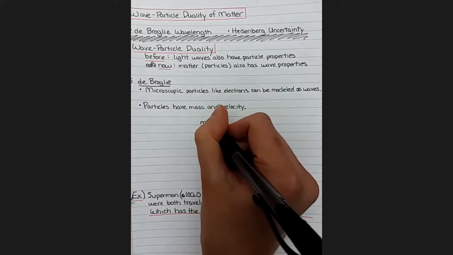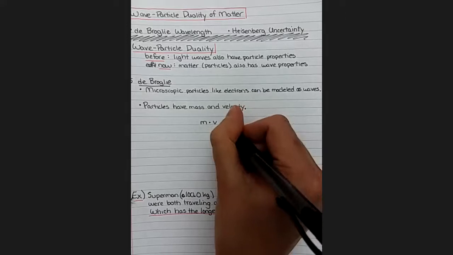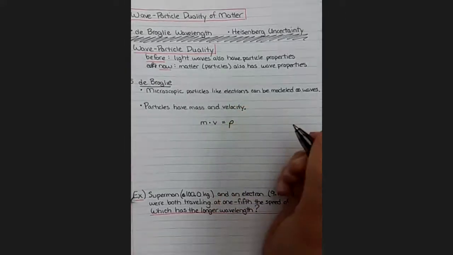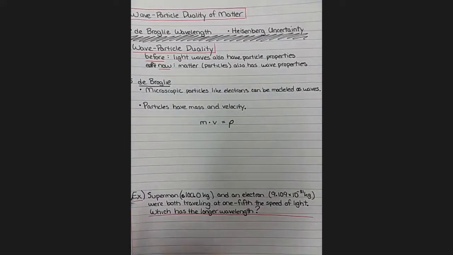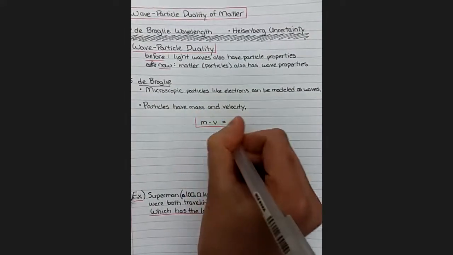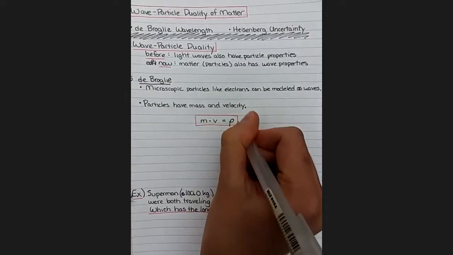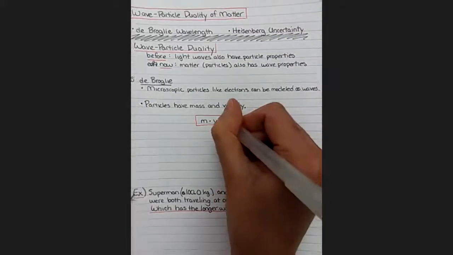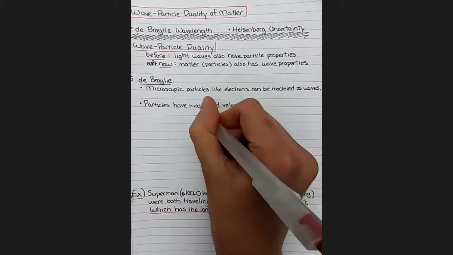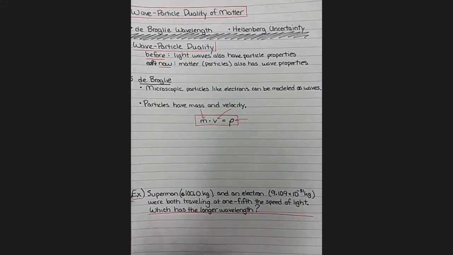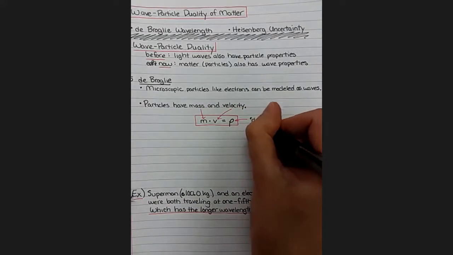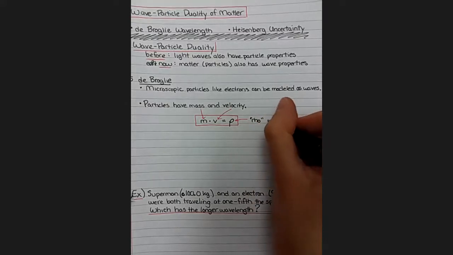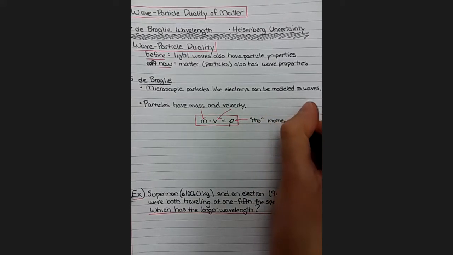So mass, which is m, times velocity, which is v, is related to this property that's represented by the variable rho. It looks kind of like a lowercase p. So there's velocity, mass, and this one is the Greek letter rho, which represents momentum, something we use in physics a lot.